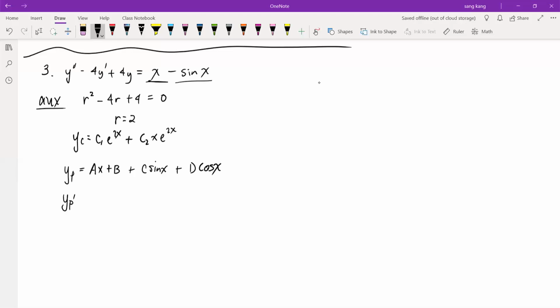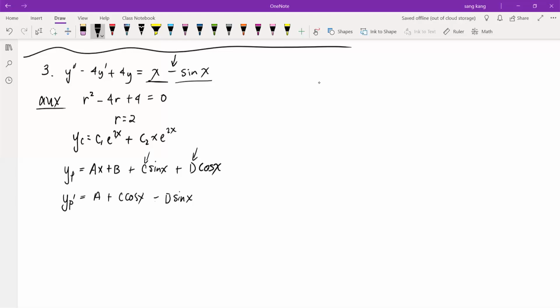Y prime is going to be a plus c cosine x minus d sine x. Wait, sorry, do we ignore the negative sign in front of the sine x? Yeah, you don't have to consider the sign when you're doing the trial because you're putting these arbitrary coefficients, so that takes care of whatever sign when you find it.